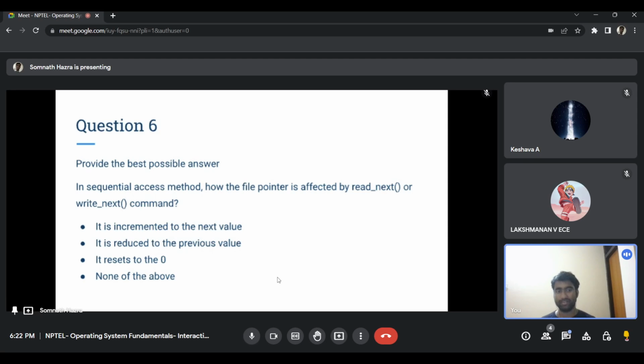What happens in sequential method is you access the data points sequentially, one after the other. The other option is direct access, where the complete file system is separated into fixed size blocks, much like what happened in the case of pages and frames. The whole primary memory was broken up into fixed size blocks.